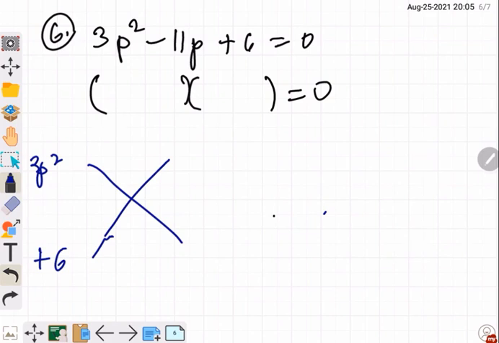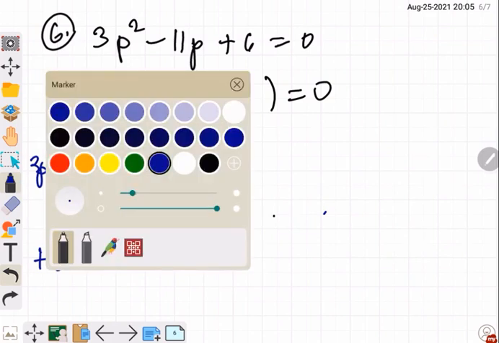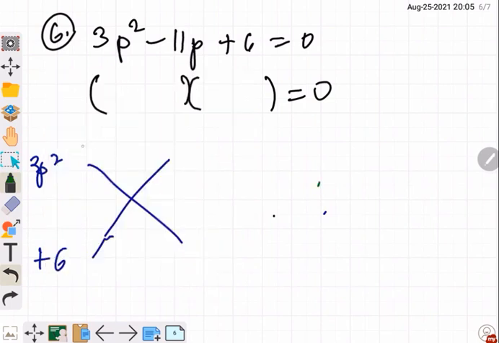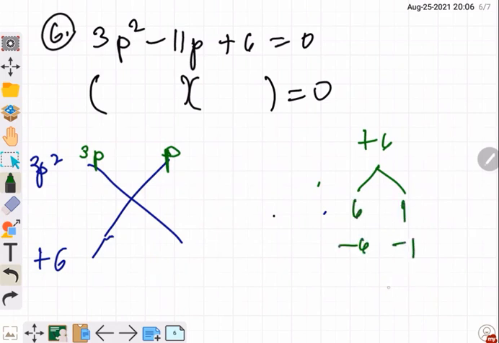So 3p square is basically 3p times p. And positive 6, mind you, gives us two sets of factors: 6 and 1, negative 6 and negative 1, negative 2 and negative 3, 2 and 3.